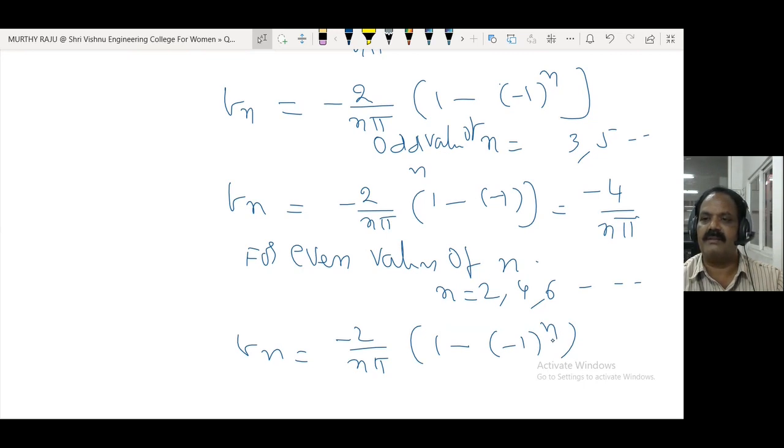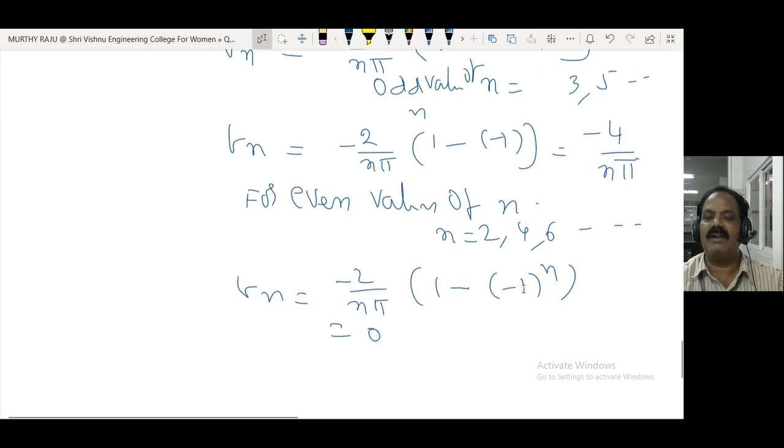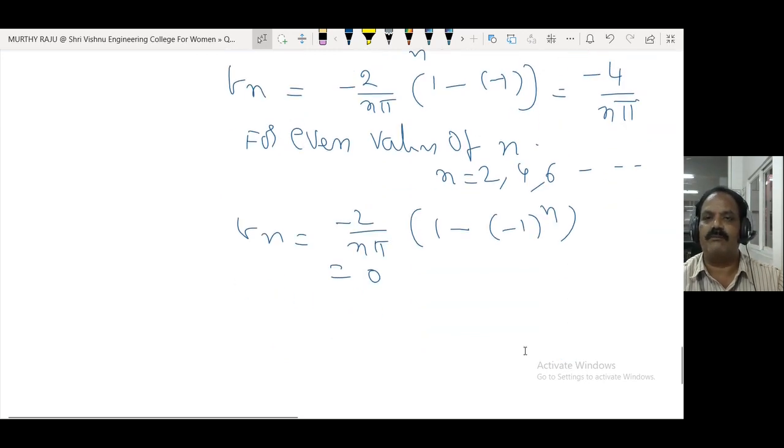Minus 1 whole power even is 1, so 1 minus 1 is 0. For even values of n, the Bn value is 0.